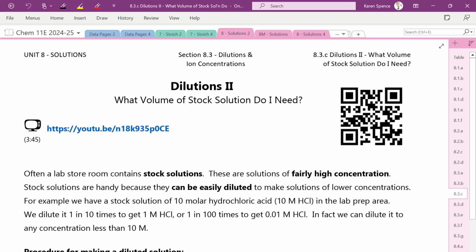Dilutions II. This one is how I got my job extracting DNA from salmon livers and trying to figure out which river the salmon came from, rather than counting herring larvae under a microscope for 4 months. So I got to do a job where I was like, okay, let's take the salmon liver, let's extract the DNA, let's chop it up with some restriction enzymes, and let's see if we can find a pattern to figure out which river that salmon came from.